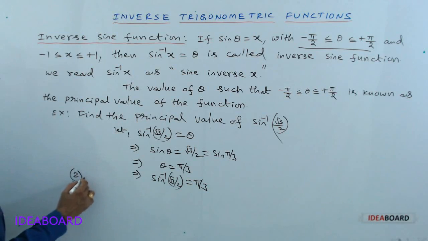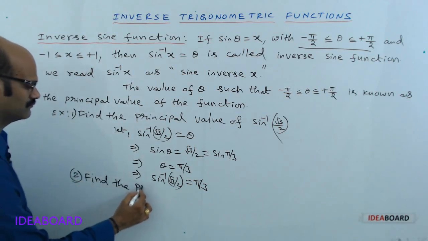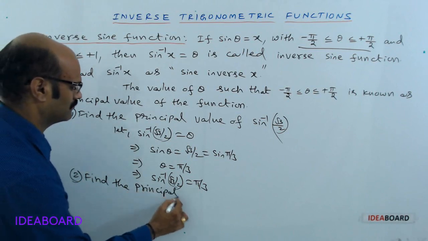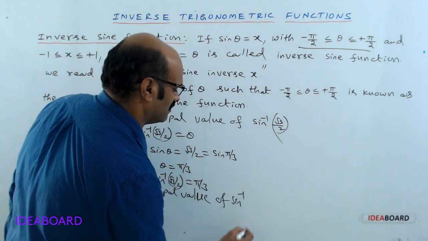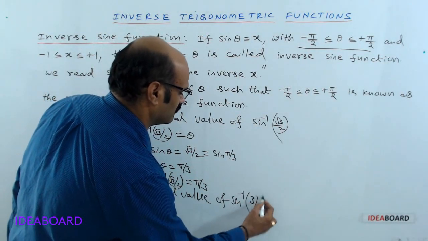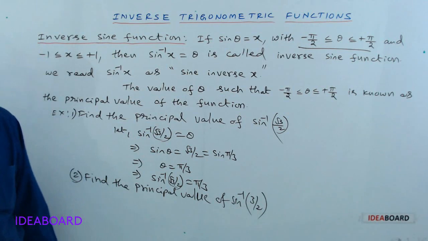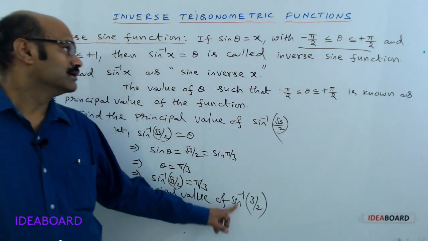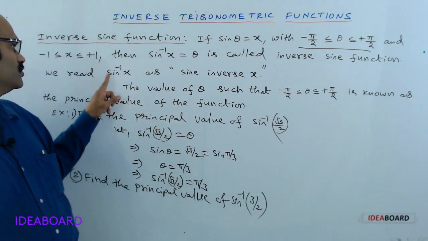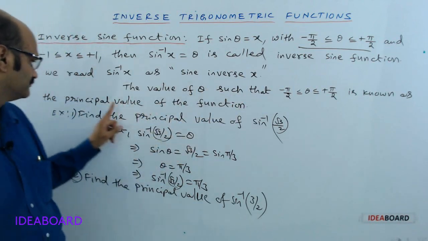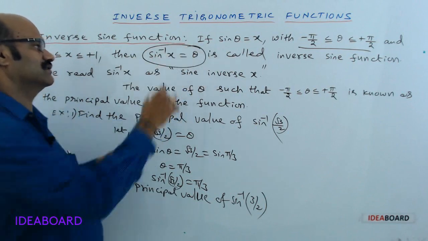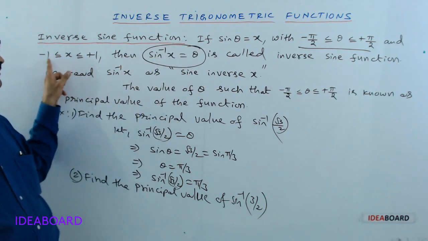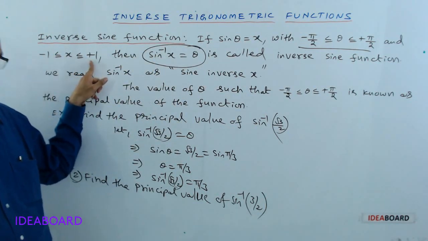Find the principal value of sin inverse of 3 by 2. Here we have theta equal to sin inverse of x. The value of x must be lying between minus 1 to plus 1.